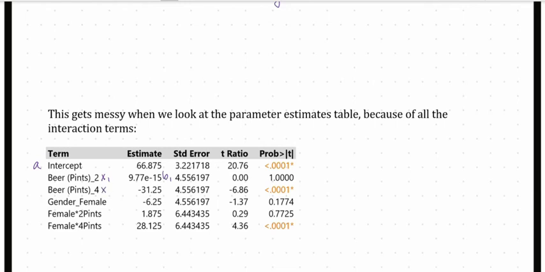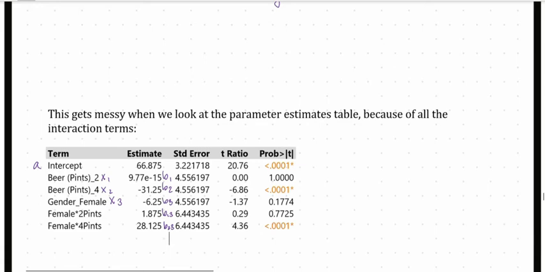This is X2, my indicator for those who have had 4 pints of beer, so I get B2. Gender under female, this is my X3 variable, so I have B3 here, and then I have B1,3 and B2,3, my 2 interactions. But I can take all of these estimates and get sample estimates in my equation above.